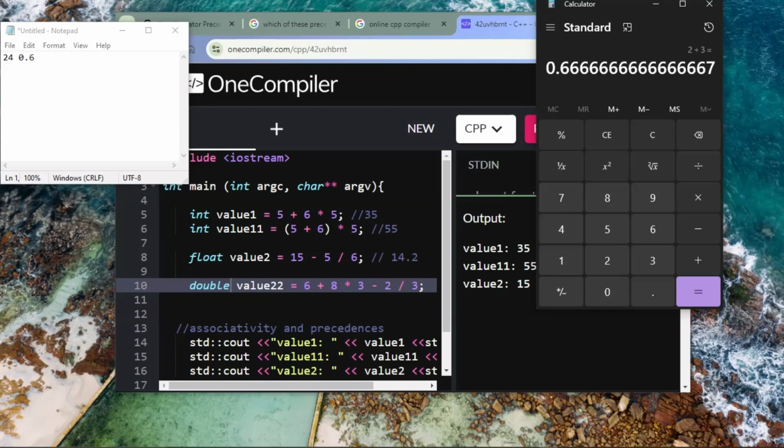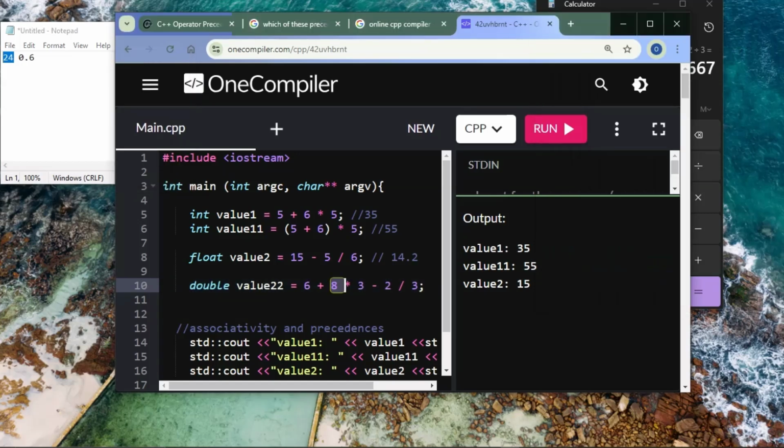After we do that, the next thing is, since we have done 8 times 3, we're going to do 6 plus the value we have here, which is 24. That is from left to right, highest precedence. I hope you get that.